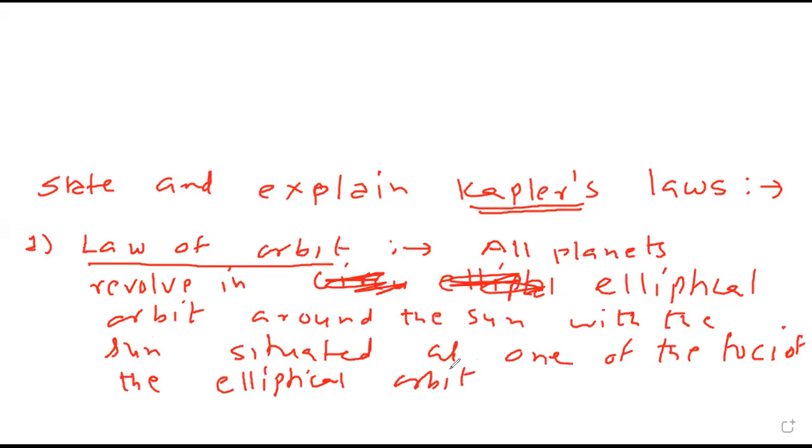First you write this, then I'm explaining what is the meaning of focus. All planets revolve in elliptical orbit around the sun with sun at one of the foci of the elliptical orbit.